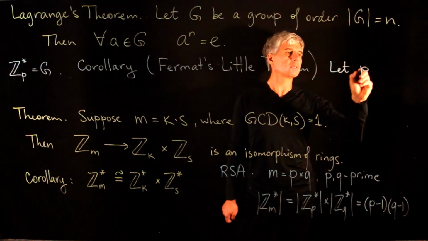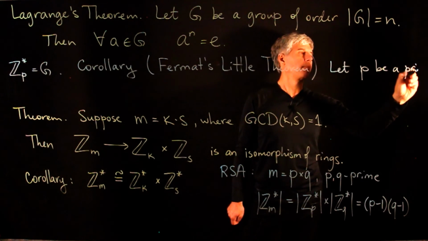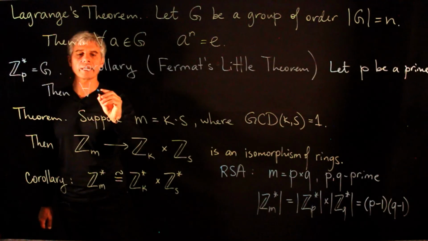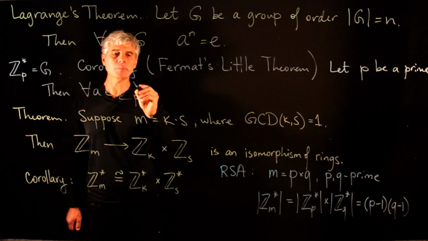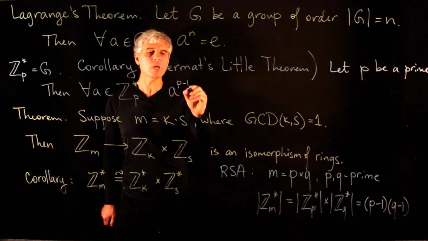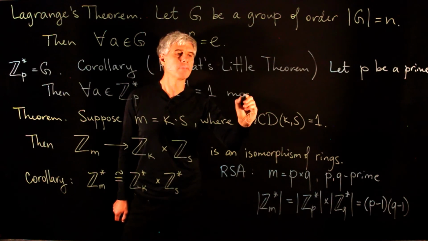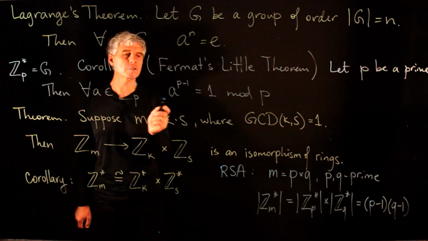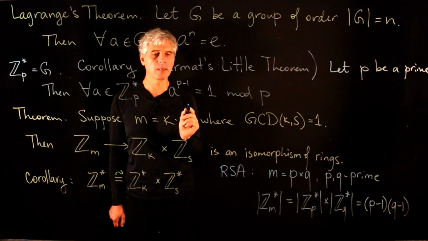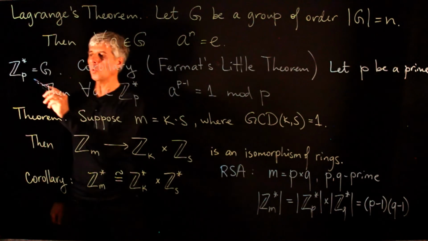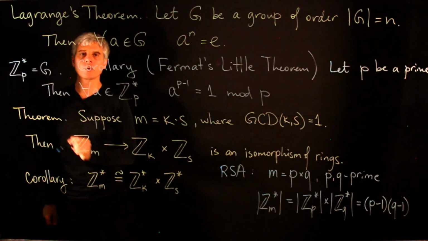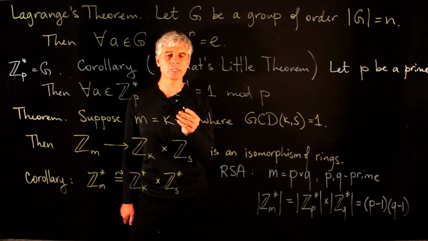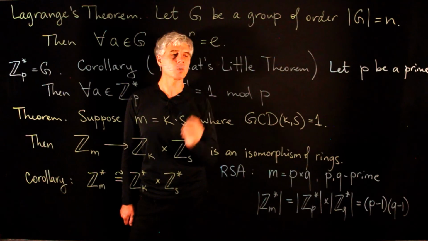Let P be a prime. Then for all A in Zp multiplicative, A to the P minus 1 is equal to 1 mod P. Here, the fact that A belongs to Zp multiplicative means that A is not divisible by P, and P minus 1 is the order of the group Zp multiplicative, since we only have to delete the zero remainder. So the consequence of Lagrange's theorem is that A to the P minus 1 is always equal to 1 mod P.